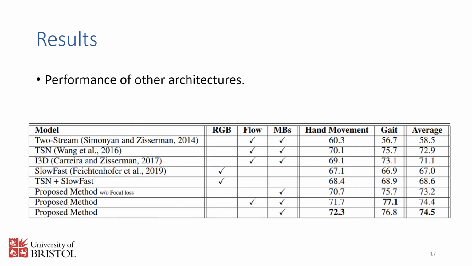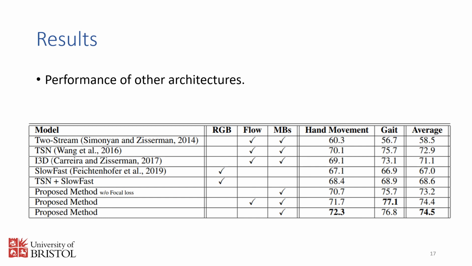This table provides the performance of other deep architectures on our Parkinson's disease tasks for both hand movement and gait. All the network weights were initialized with pre-trained models from the Kinetics dataset, except for the SlowFast network, as one of the properties of this model is training from scratch without needing any pre-training.